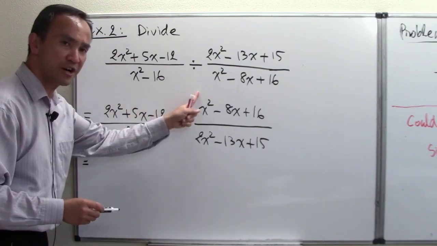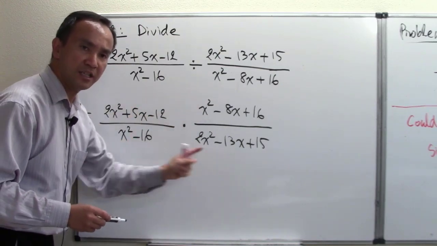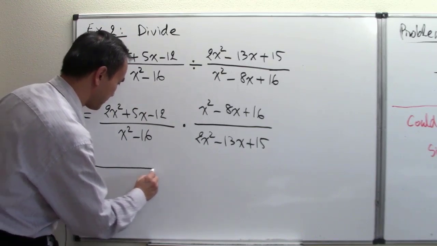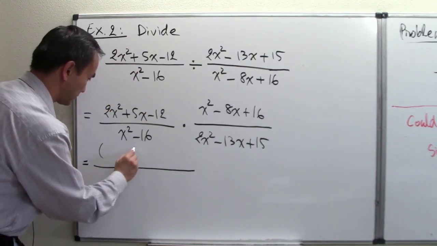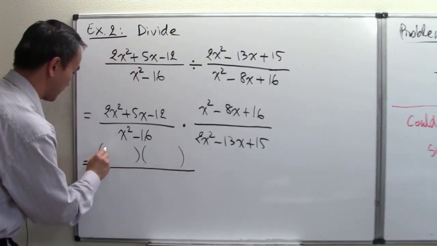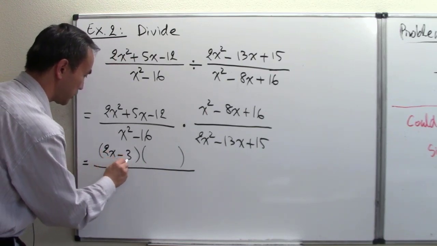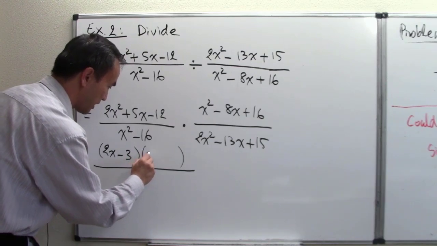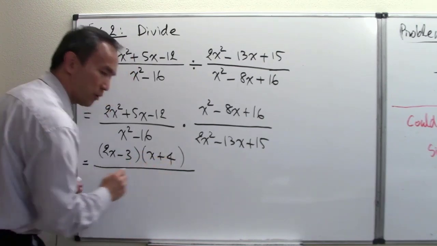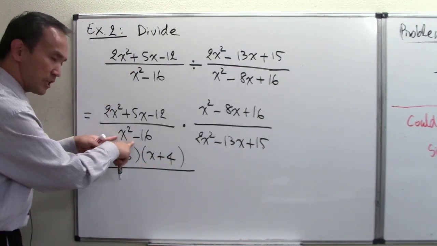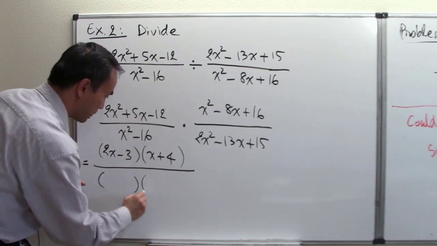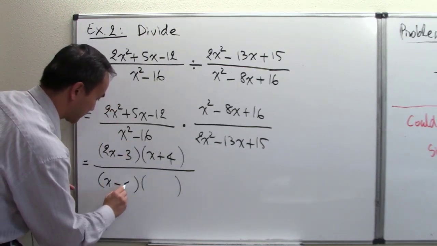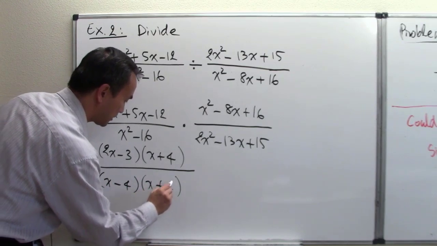The next step is to completely factor each of my numerators as well as each of my denominators. The first numerator becomes (2x minus 3) times (x plus 4), and this denominator will be factored into (x minus 4) and (x plus 4).